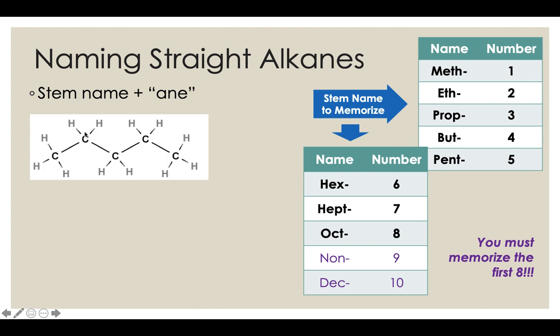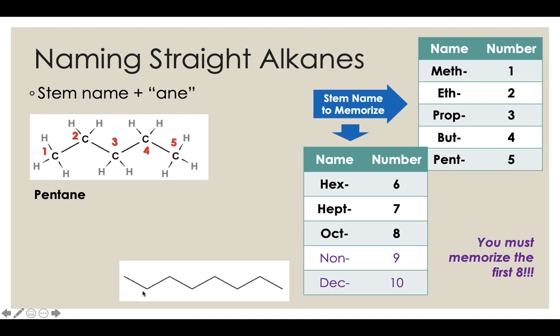For example, here we are looking at 5 carbons. 5 carbons means pent, and since there are no other functional groups, it's an alkane, so it is a pentane. Sometimes you will see a skeletal formula given to you.